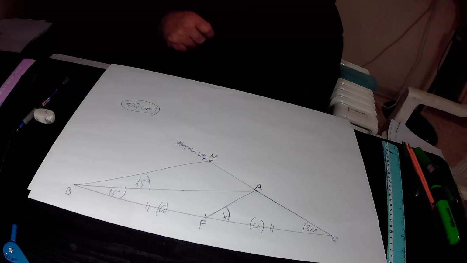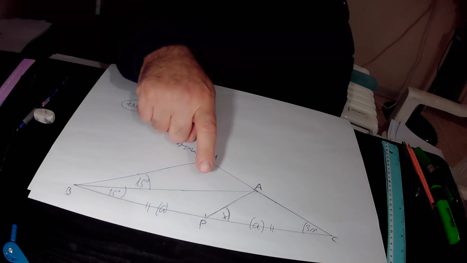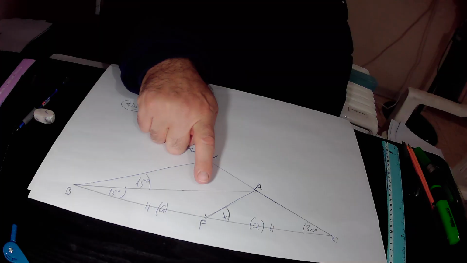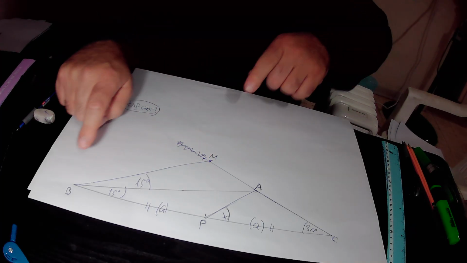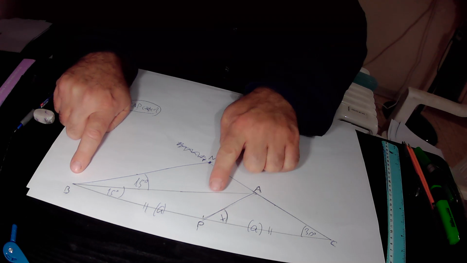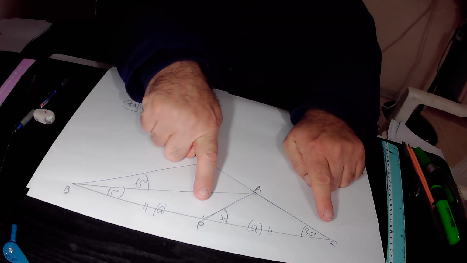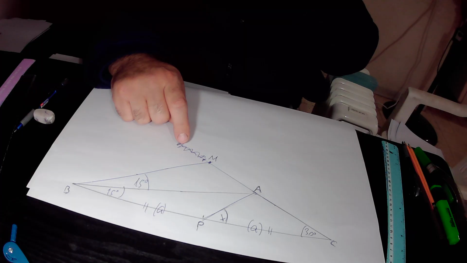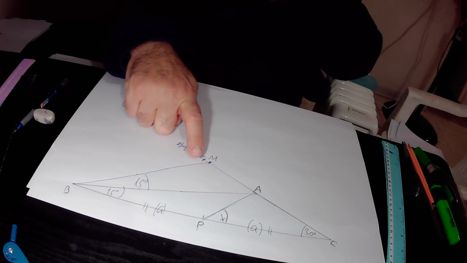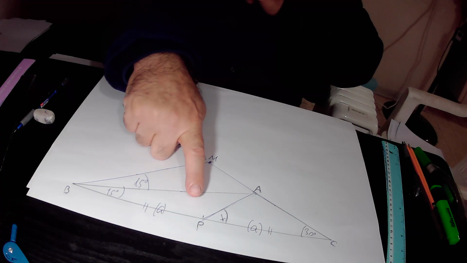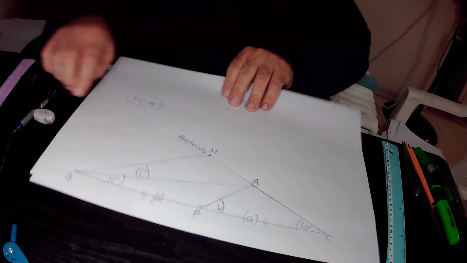Actually, the perpendicular from point M will touch the base BC at point P. Why? Because at point P, the base BC is being bisected. The first half is BP that equals A, and the second half is PC that also equals A. Therefore, the perpendicular from point M to the base BC will touch the base BC at point P and not at any other point.